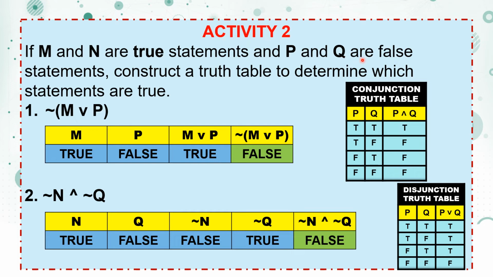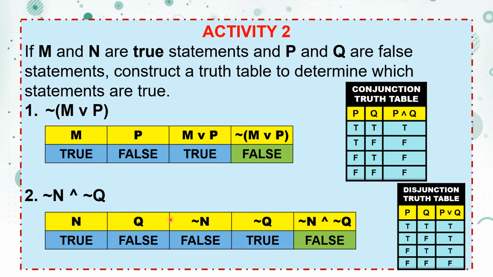Q is false. Then, let's get now the negation of N. Negation means kabaligtaran or opposite ng N natin. Ang N natin ay true, so, ang opposite niya ay false. And then, let's get the negation of Q, not Q. Since yung Q natin ay false, ang opposite nito ay true. So, not Q is true.